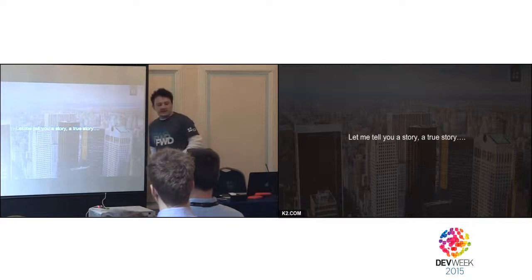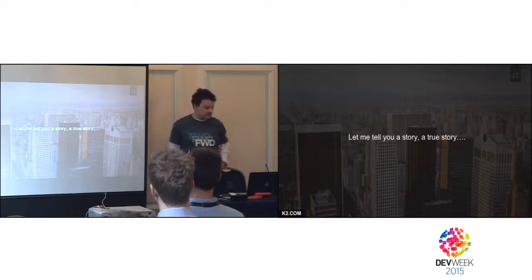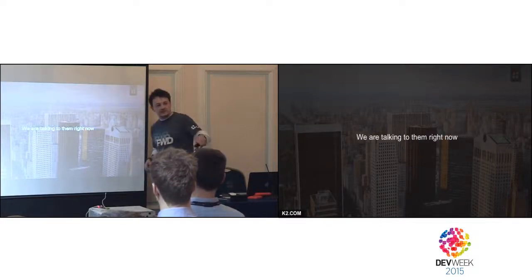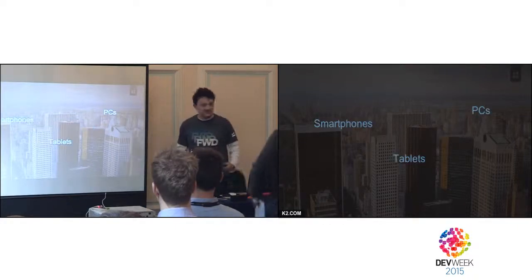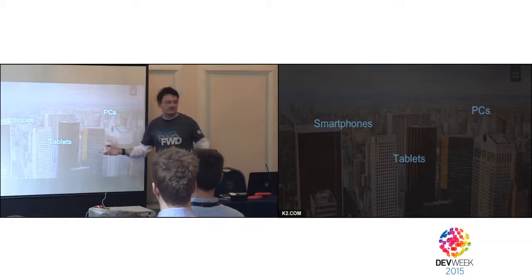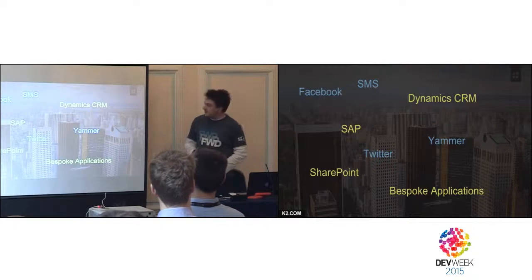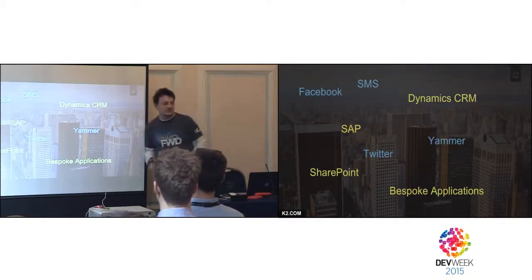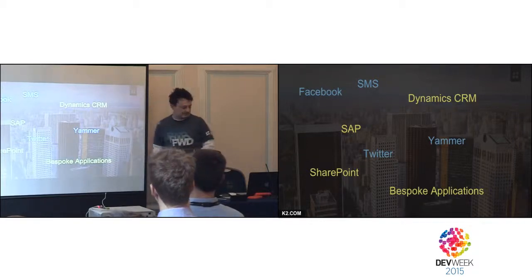So what I like to do really is start off with telling you a story. And it's a true story, and it's something that's going to mean a lot to all of you. We're all connected. Each one of you right now is talking to these things. These are all smartphones, PCs and tablets, because we've all got smartphones, haven't we? And what we find is that the information we're getting are things like SMS messaging, Yammer, Twitter, CRM, basically all the social data, business data we're all constantly talking to at the moment.